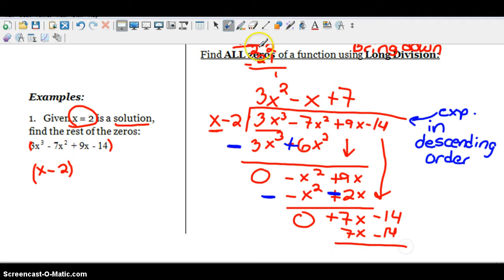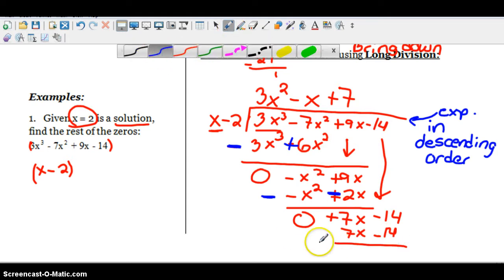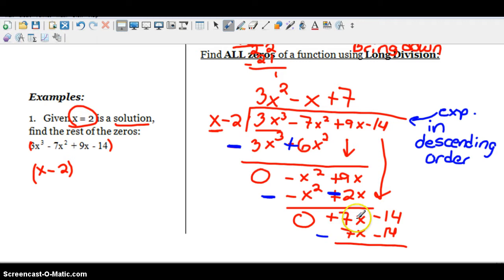I am going to go ahead and subtract, grab my blue. So this is becoming negative, and this negative times negative will become positive. So here we go. 7x minus 7x is 0. Negative 14 plus 14 is 0. So I have no remainder. All right, so it divides evenly.